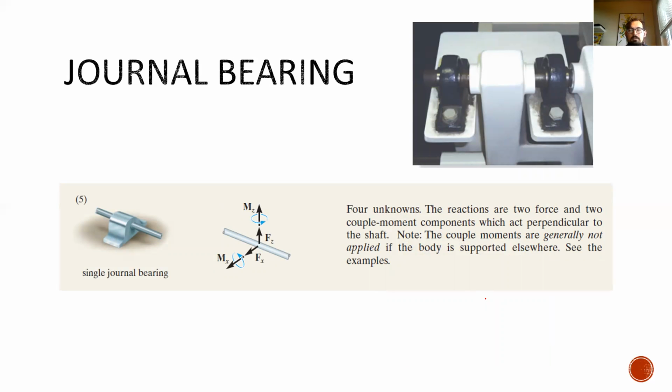The other type of connection we'll see a lot are journal bearings. Journal bearings are used a lot in vehicle applications. If you've ever thought about the way your engine is connected, you think about the pistons in your vehicle that move up and down. You've got a piston that's connected via a rod to our camshaft, our crankshaft, which looks something like this.